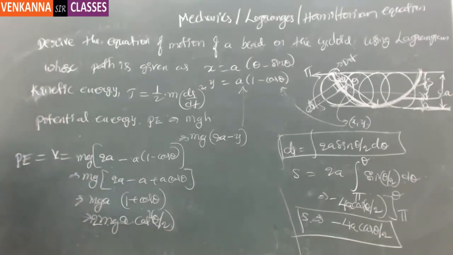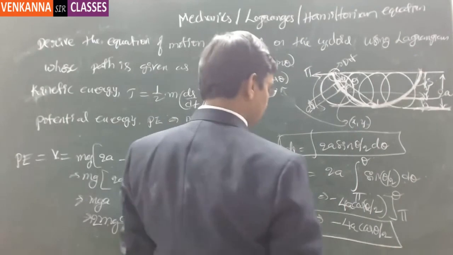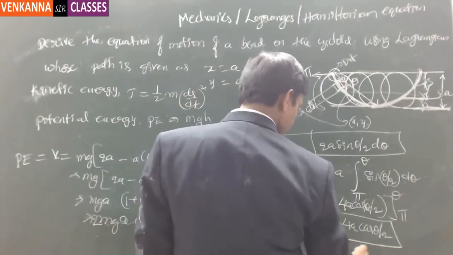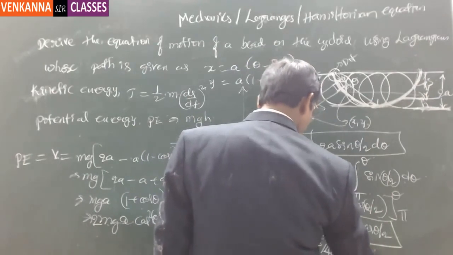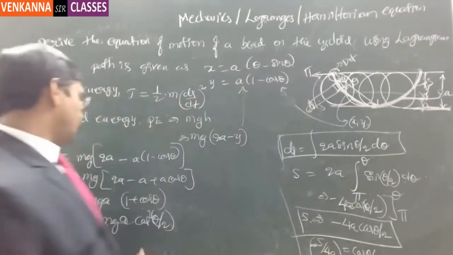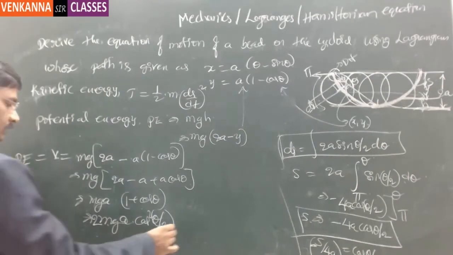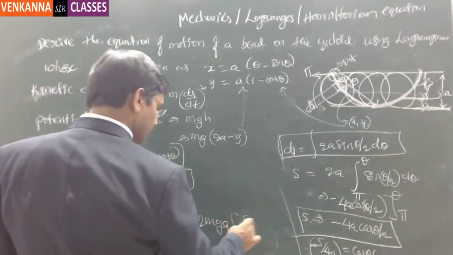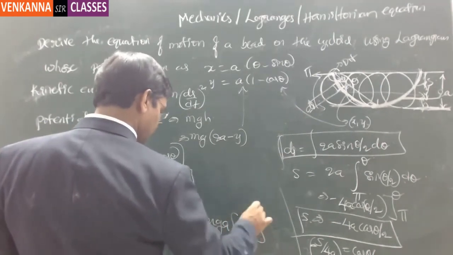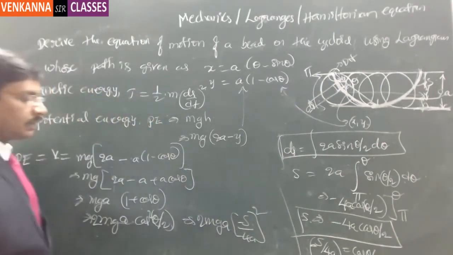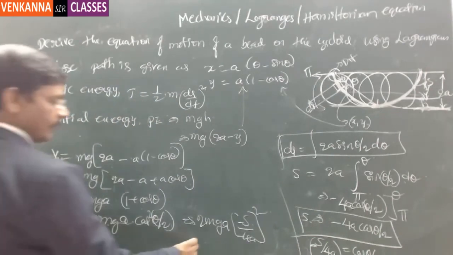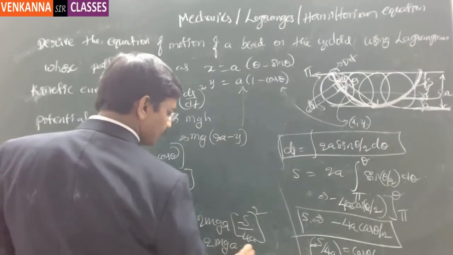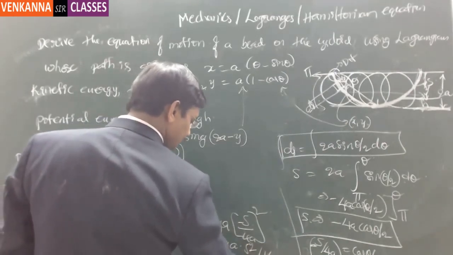Now cos theta by 2 is nothing but s by 4a. If you square it and replace it, this is 2mga into s by 4a whole square, which is 2mga s square divided by 16 a square.